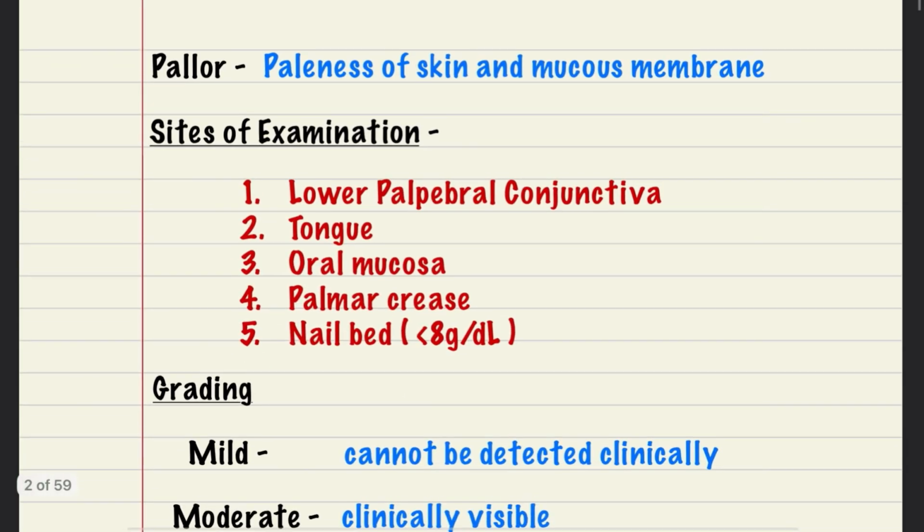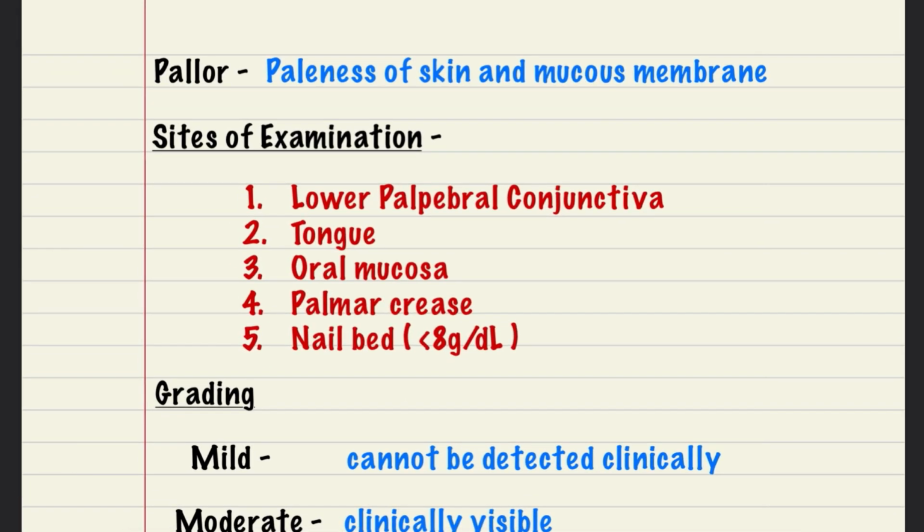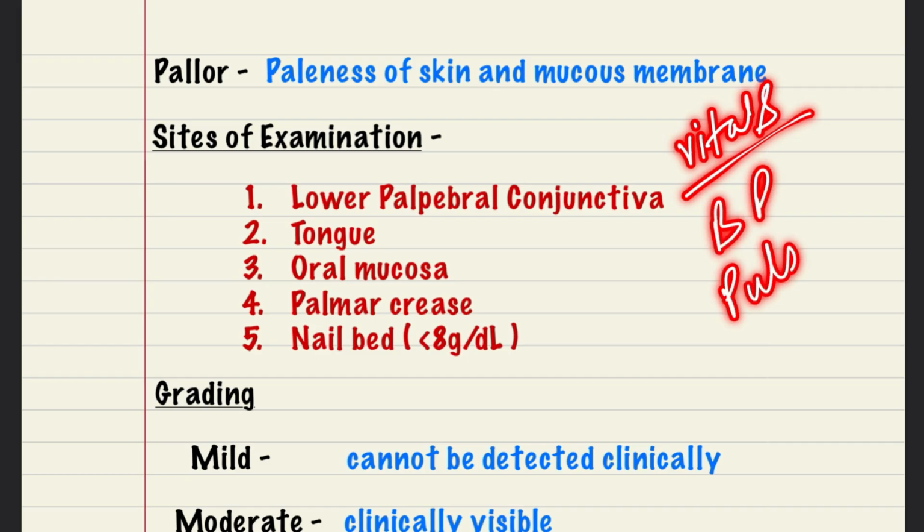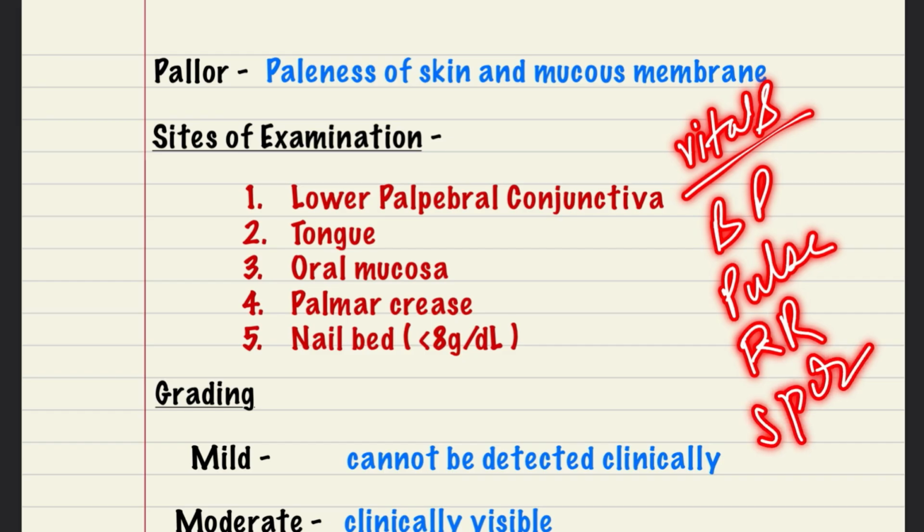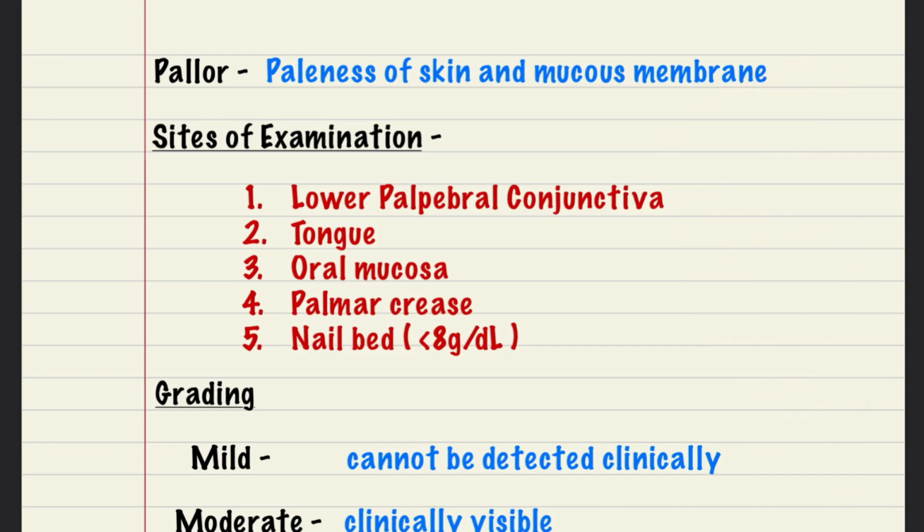So first of all, we see a few things that we are going to discuss today. Vitals, which include the BP, the pulse, the respiratory rate, and SpO2. Along with it, we are going to discuss the temperature.